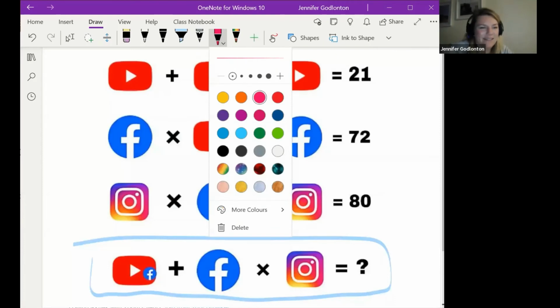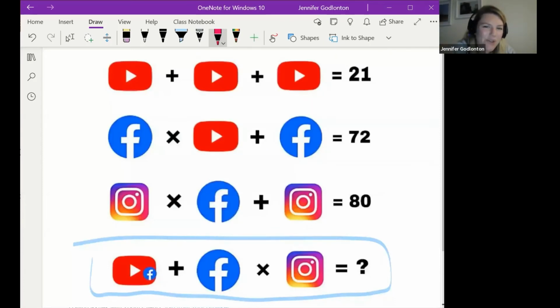Okay. We all could see that YouTube was 7. 7 plus 7 plus 7 is 21. Cool. Okay, so that means YouTube is 7, YouTube is 7, YouTube is 7. Then we've got Facebook times YouTube plus Facebook is 72, which means that Facebook was 9. So 9 times 7 and then plus 9 gave us 72. So now we know that that's 9. Then we had some Instagram times 9 plus Instagram was 80.